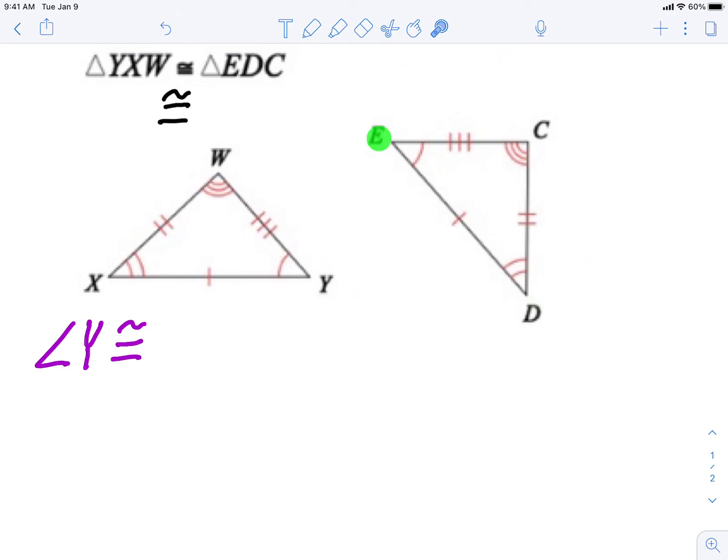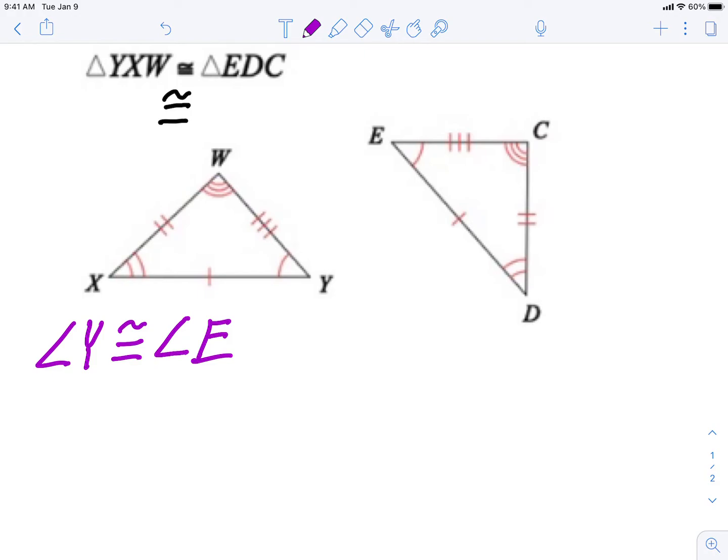Which of these three corners corresponds to angle Y? Well, I look at my little arch. How many arches are there? There's only one. So I look at my second triangle to see which of these has one little arch, and it's E. So angle Y is congruent to angle E.